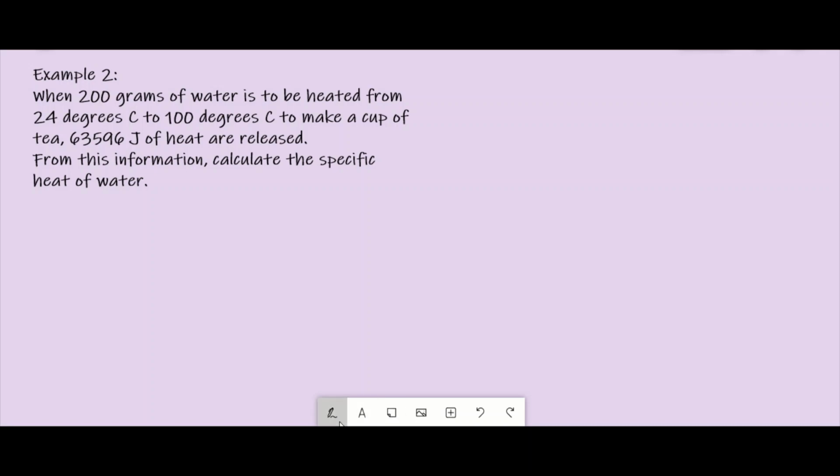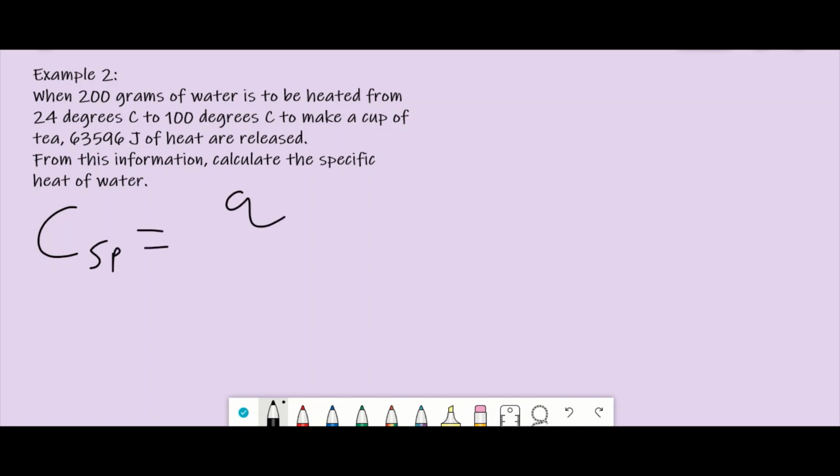So what we're going to do is set up the equation. We know that C_sp, the specific heat, is equal to Q, the heat energy, in this case 63,596 joules, divided by mass times delta T. So let's write out what we know and solve for what we don't know.